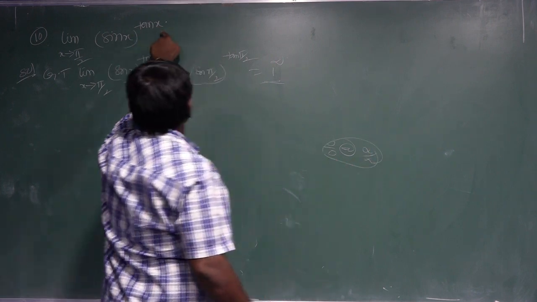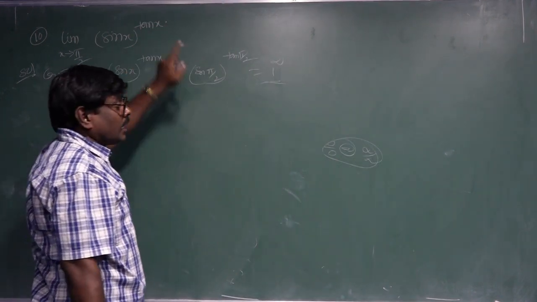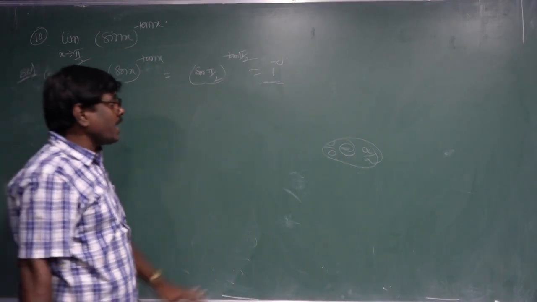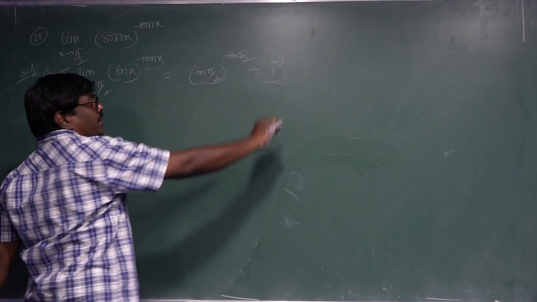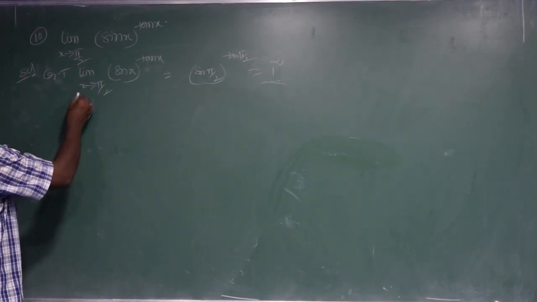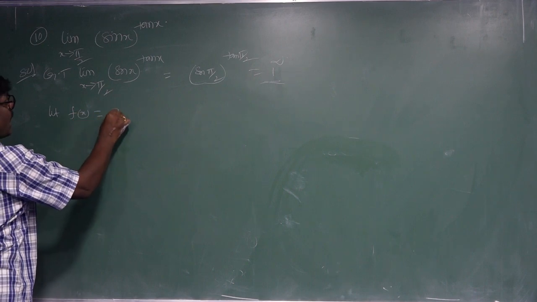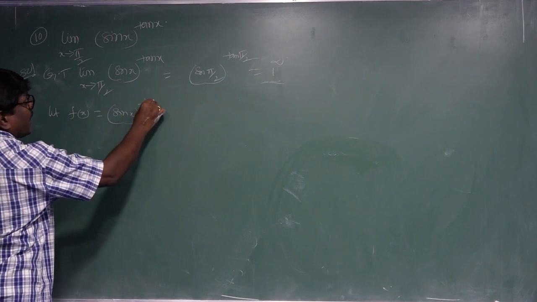This function has a power, so take the logarithm on both sides. This is an indeterminate form. Let f of x equal to sin x power of tan x.